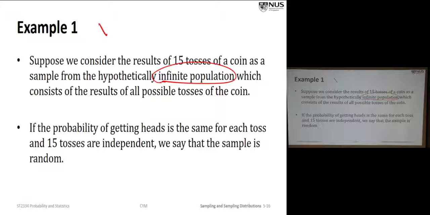So we are saying that x1, about this example, is the random variable representing the first toss. It's head or tail. So we ask, what is the distribution of this one? Because, okay, this one is more concrete.